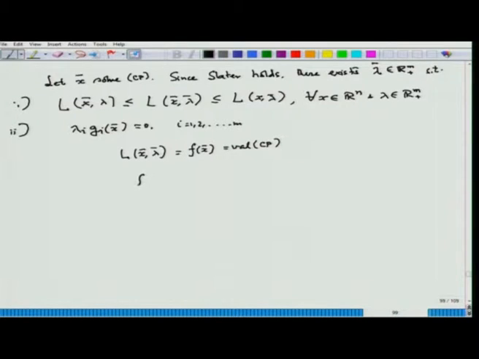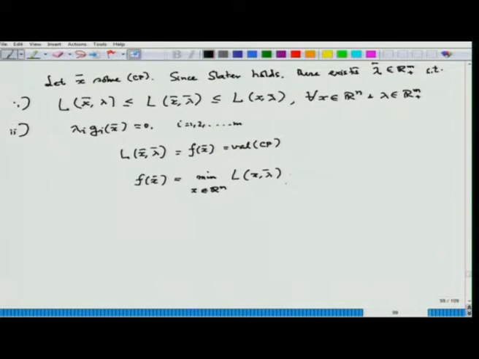So, you see how the saddle point condition leads to strong duality once you know that f of x bar is equal to the minimum of L of x, lambda bar over x an element of Rn. This is a standard thing that you know from saddle point conditions. This fact means this. So, this condition on the right hand side leads to this condition.